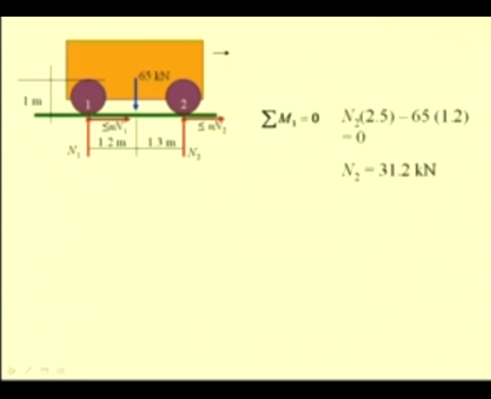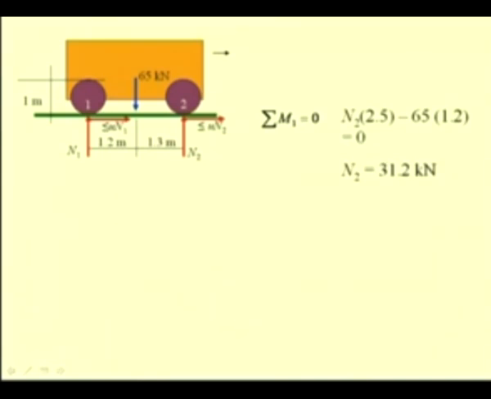The moment arm for this reaction force N2 is 1.2 plus 1.3, which is 2.5 meters, minus the moment due to this weight of 65 kilonewton, which has a moment arm of 1.2 meters. So, from this equation we find this normal reaction N2, and from the force summation equation we can find N1. So, we have this N2 as 31.2 kilonewton, and we write the force summation in the y direction.